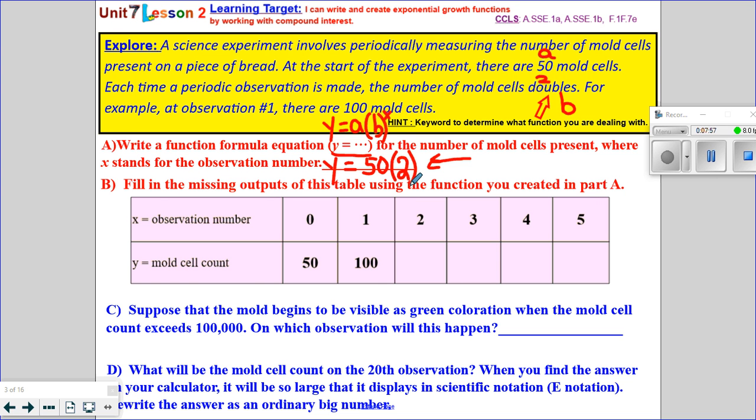And for X, the X stays X because that's just basically the observation number, right? So you could use the formula, but it's doubling each time. So 200 doubles, then times 2 is 400, then times 2 is 800, times 2 is 1600.